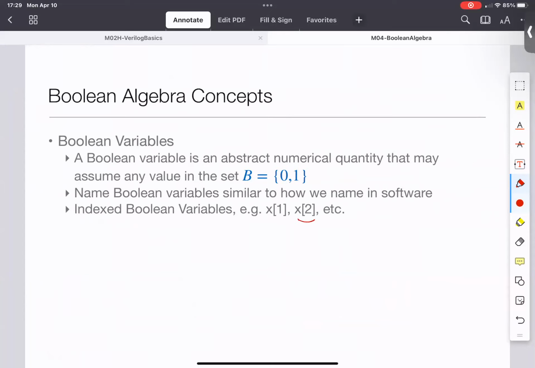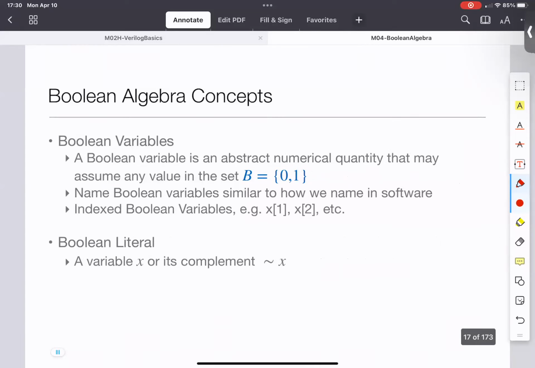Oftentimes in digital systems we have what are called buses, multi-bit values, like an integer or data being fetched from some memory. It might be 8-bit, 32-bit, 64-bit, so indexes are useful.